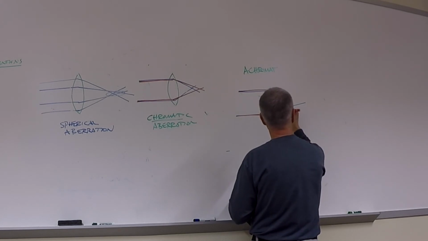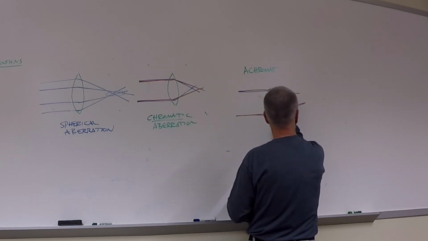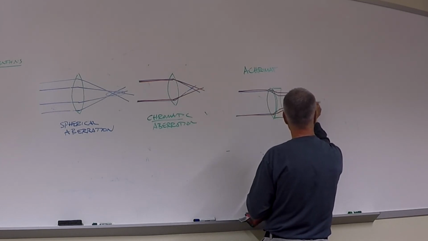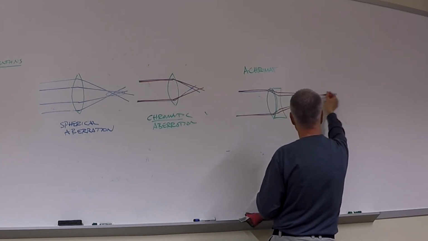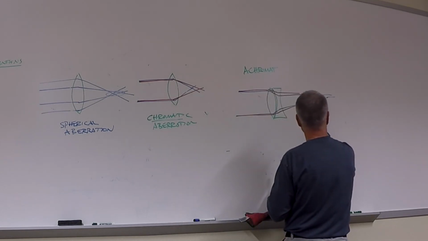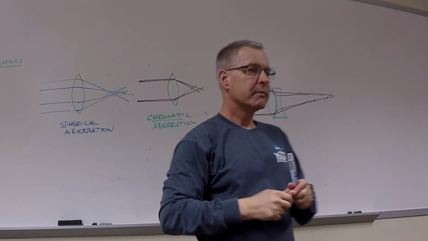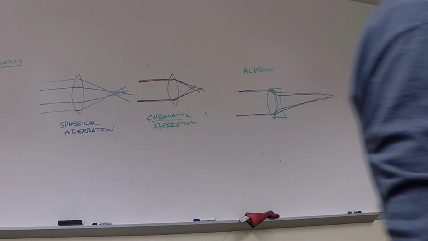My red, I didn't quite draw this right, less. What I should be able to get these to do if I did this right, maybe out there somewhere, is get these to come back together again, so when I get this focal point, they're back together. So I spread them with one, put them back together with the other.